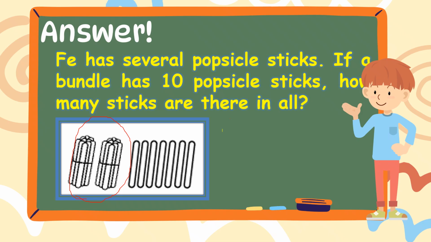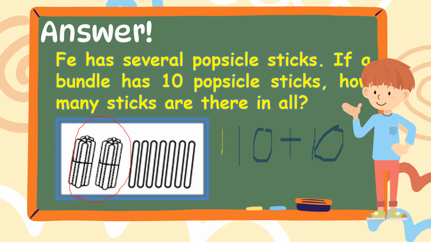That's 10 plus, remember how we do the addition, 10 plus 10. What's the answer? Yeah, very good. That's 20. 20 plus, how many loose sticks do we have right here?